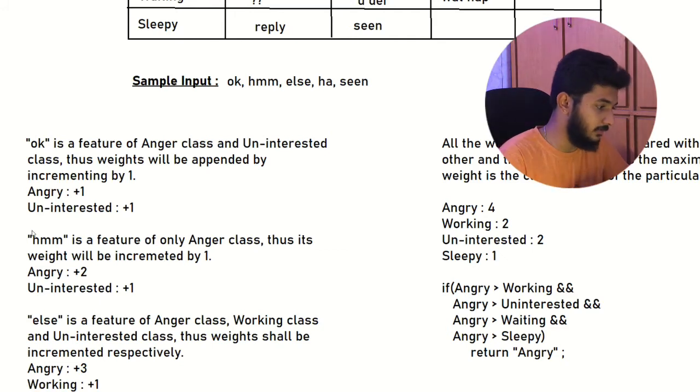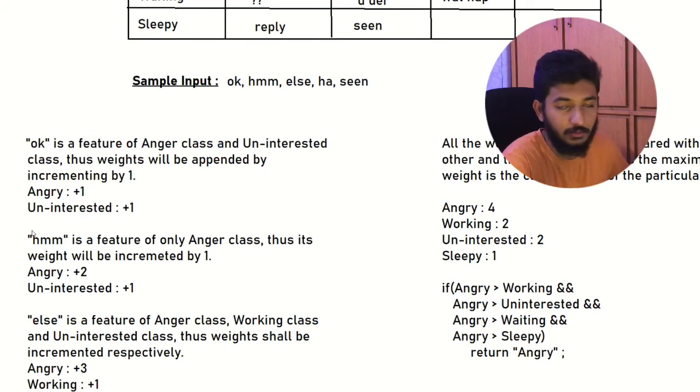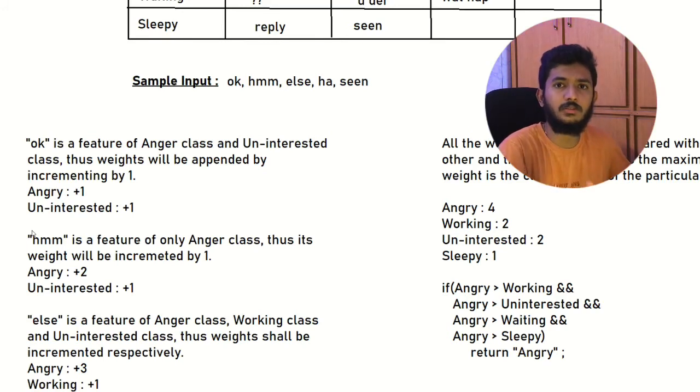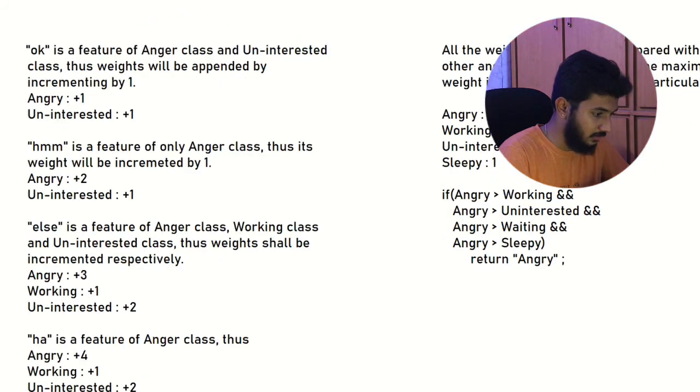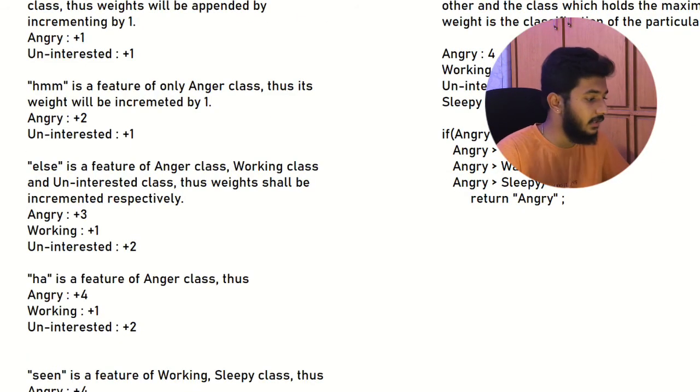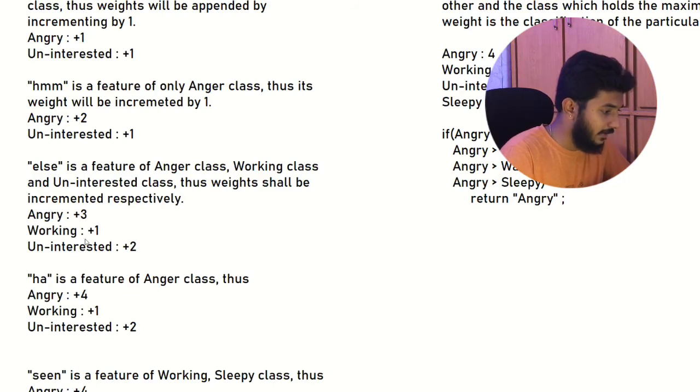The second feature, ha, belongs to anger class, only anger class. So I'm only incrementing the class weight of anger. Third feature, else, belongs to anger class, working class, and uninterested class. So I'm again incrementing all those classes by 1.